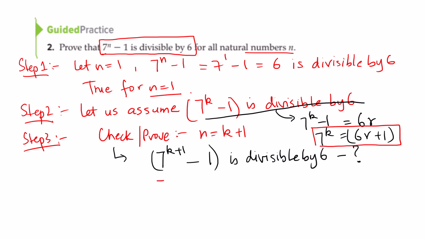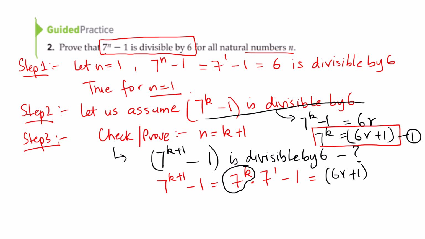So now I will check 7 to the power k plus 1 minus 1. Again, I will break this in two parts and I will replace the 7 to the power k value from this step. So in place of 7 to the power k, I'm putting 6r plus 1. This value I'm replacing, and there's already a 7 multiplied, minus 1. Again, open the bracket, multiply 7 with 6.